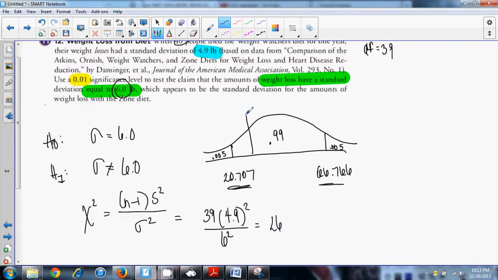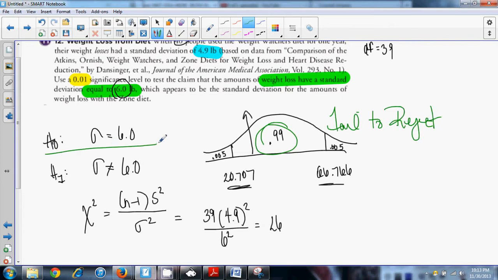Doesn't really matter because I land in here, which is definitely my green zone, which means I fail to reject the null. So I keep my null, which makes us happy because that means I am right, that the standard deviation appears to be 6 pounds for everybody. I've used Weight Watchers, and it actually is very good if you do what they tell you to do.